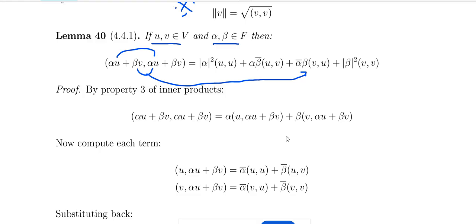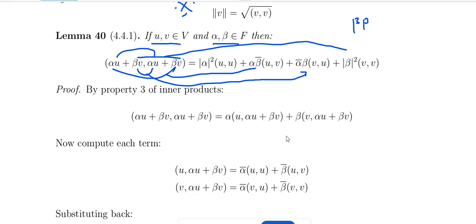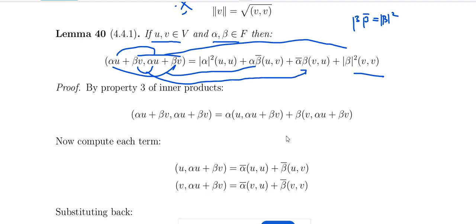And this one, when you multiply these two, sorry, this is alpha beta bar, u comma v. And finally beta into beta bar is mod beta square, times the inner product of v comma v. This is a very simple idea. Okay.